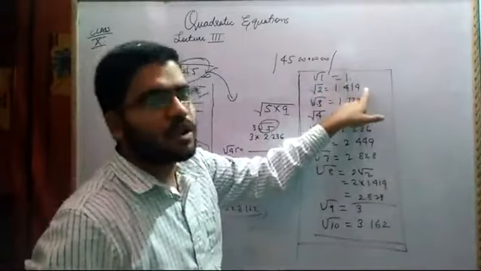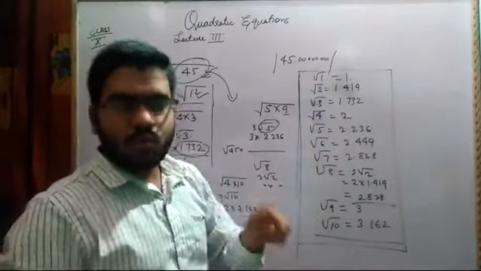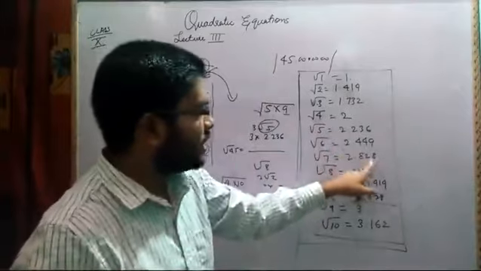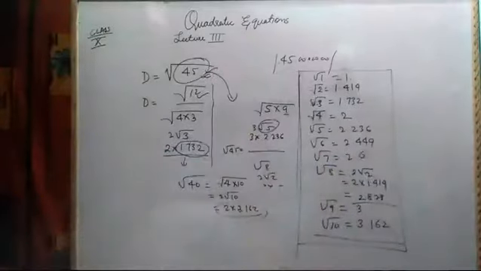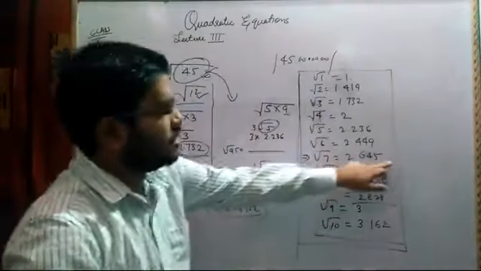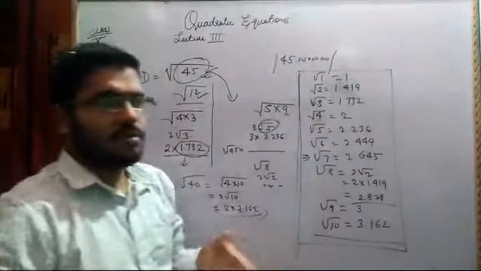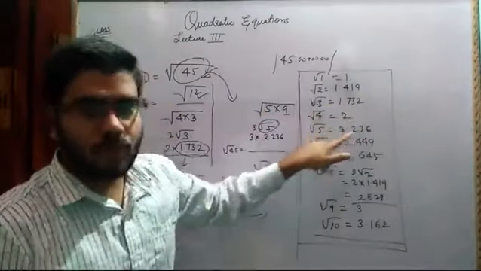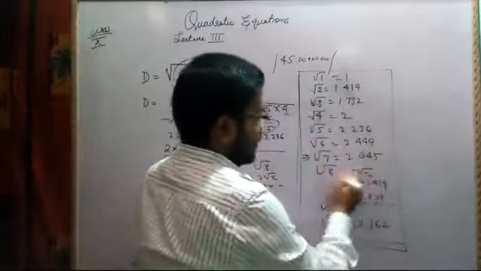Root under 2 you already know is 1.414, root 3 is 1.732, root 4 is 2, root 5 is 2.236, root 6 is 2.449, root 7 is 2.645, then 8, and then 9. I have also not memorized them, but since you have to appear for the exam, I am just asking for your calculation. Otherwise, I can work it out very easily, though sometimes I will also take some more time.